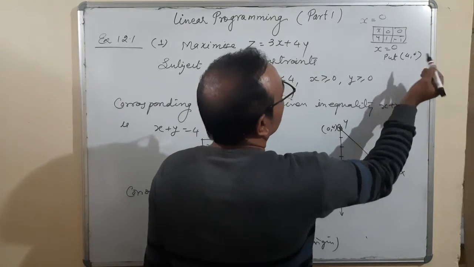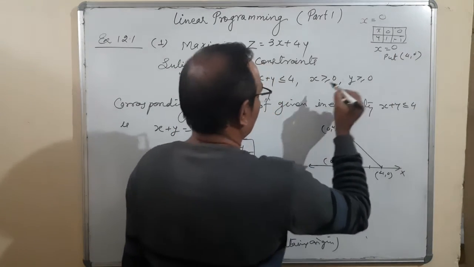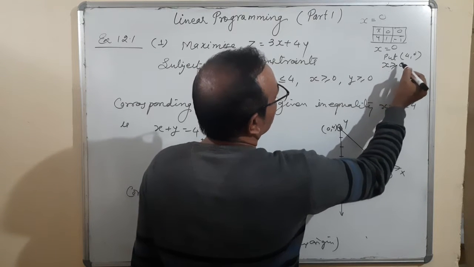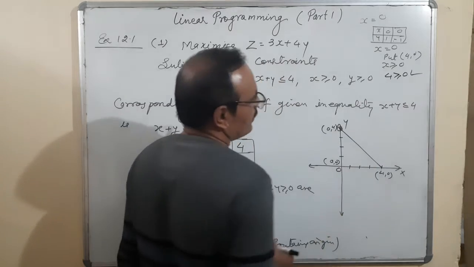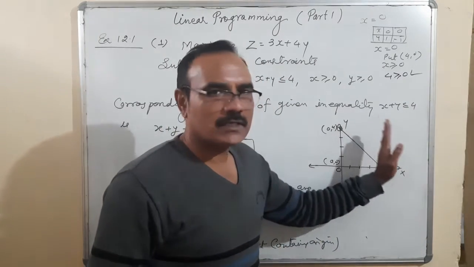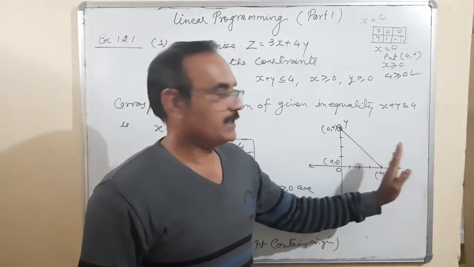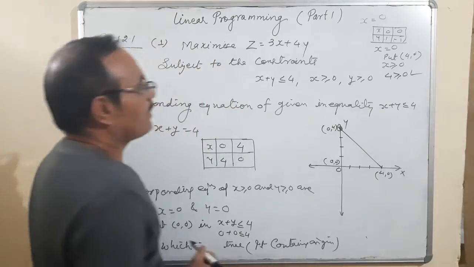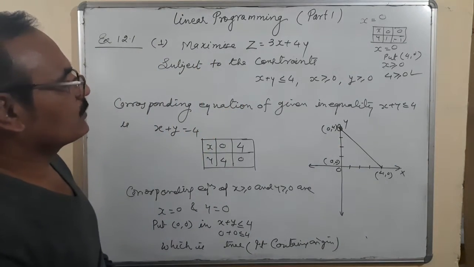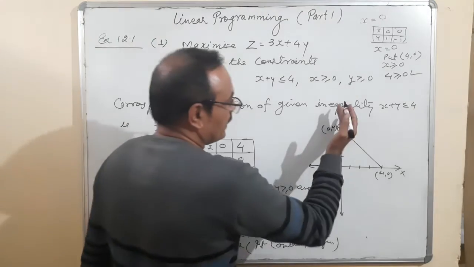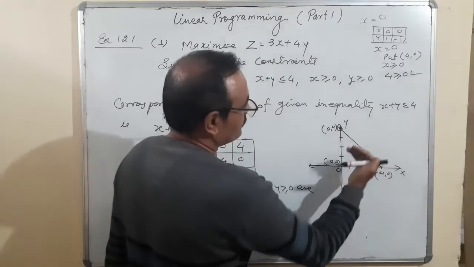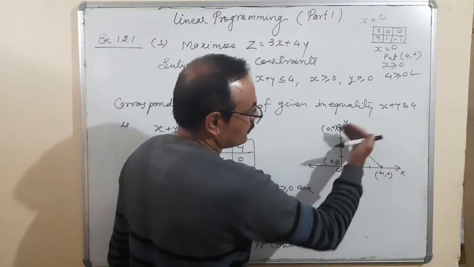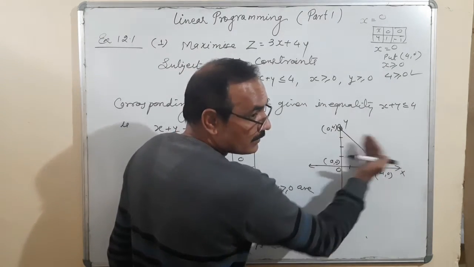In place of x, when I put 4 is greater or equal to 0, which is true. What does it mean? Towards the right hand side is the feasible region. So x is greater or equal to 0 means the y-axis and to the right side. Now remember, this is towards origin, this is to the right side.